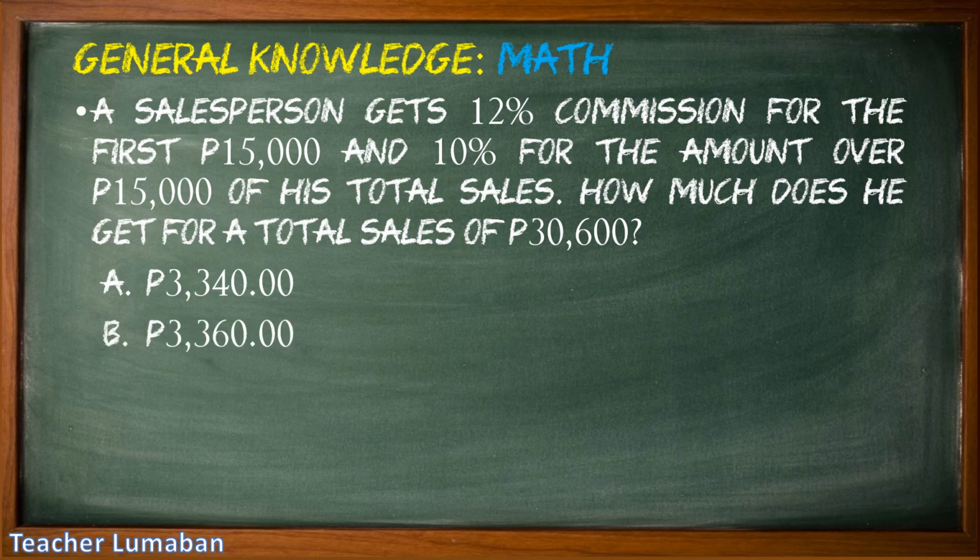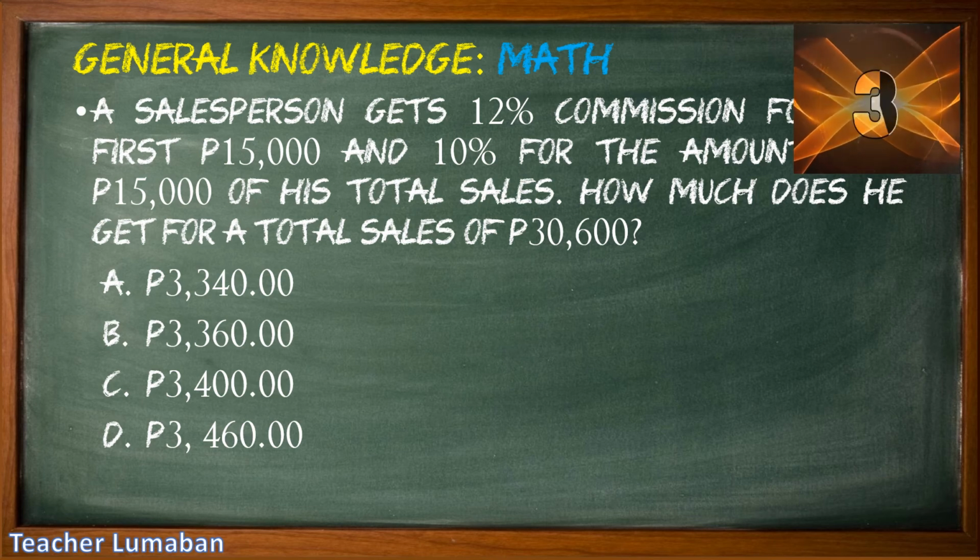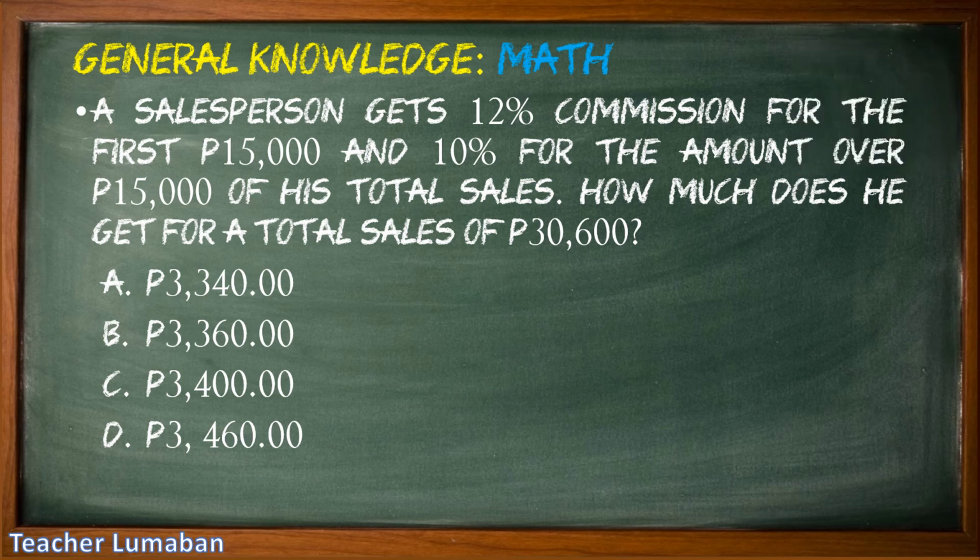Letter B, 3,360 pesos. Letter C, 3,400 pesos. Letter D, 3,460 pesos. Please answer in 5, 4, 3, 2, 1. The correct answer is letter B.